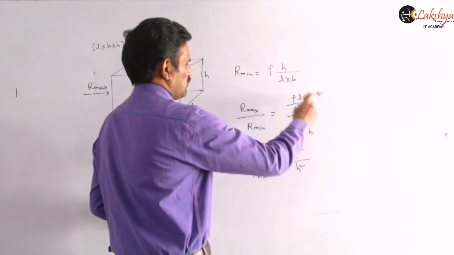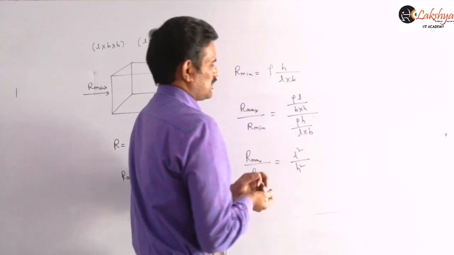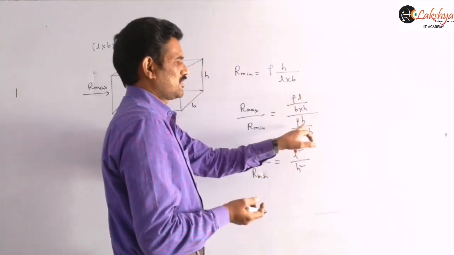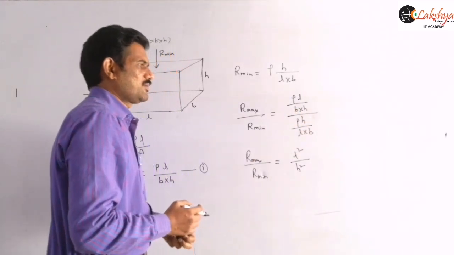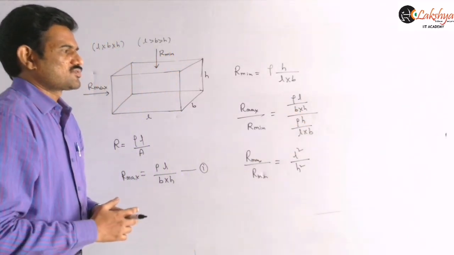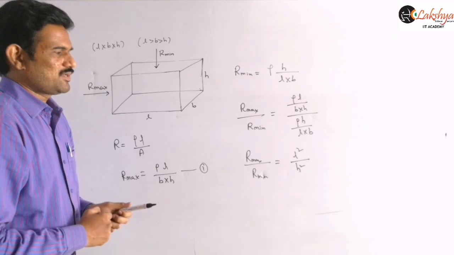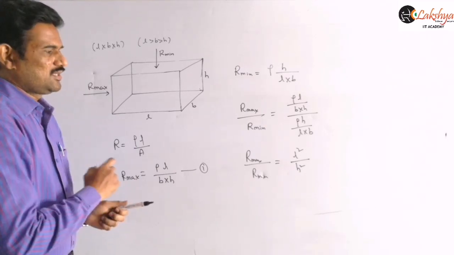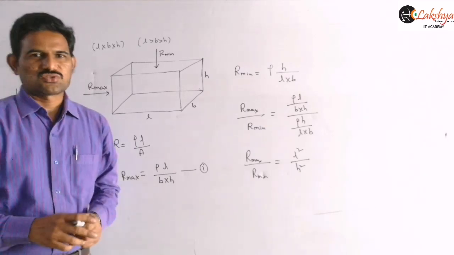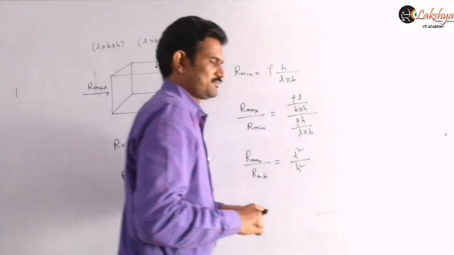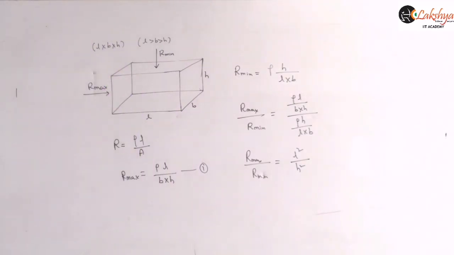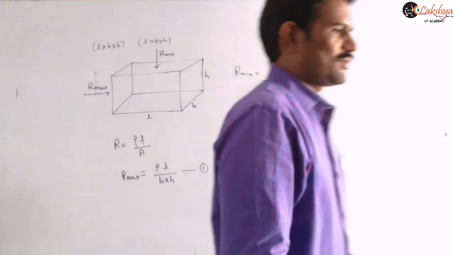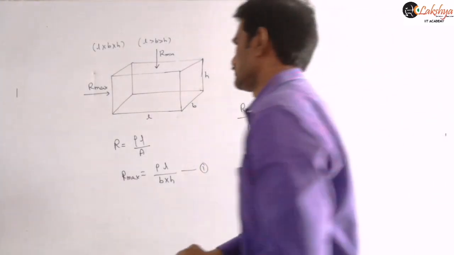That means L and L we are multiplying, the rho and rho terms will be cancelled, H square, and this B term will be cancelled there, right? So that is our L square by H square. That is the ratio of maximum resistance to minimum resistance there, right? Next let us see one more problem based on this simple rho L by A relation.